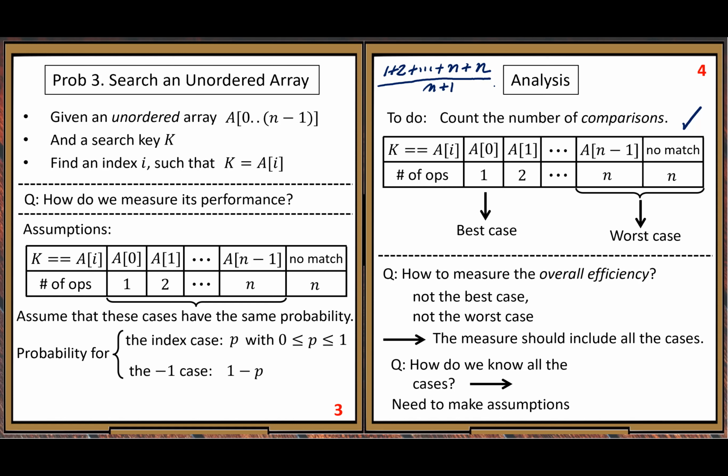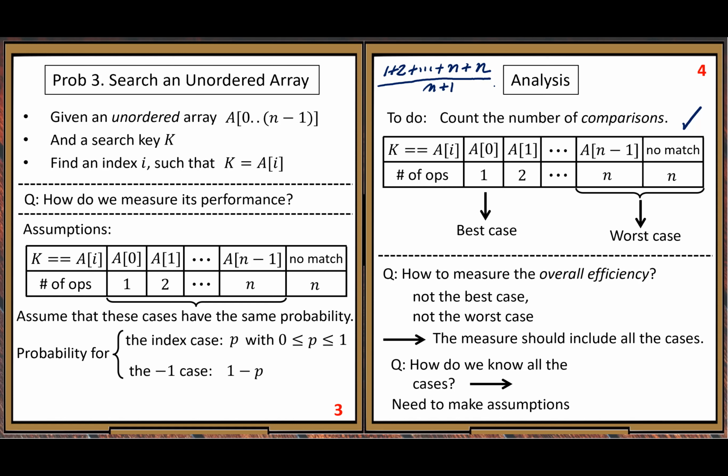After these two assumptions, now we can write our average number of comparisons in an accurate way this time. This is the best description we can find for the average case efficiency.